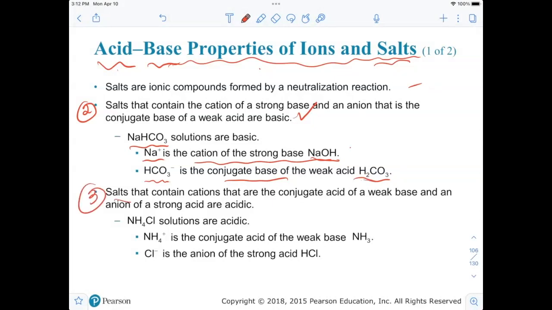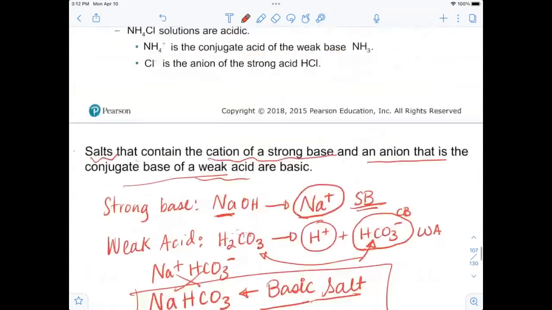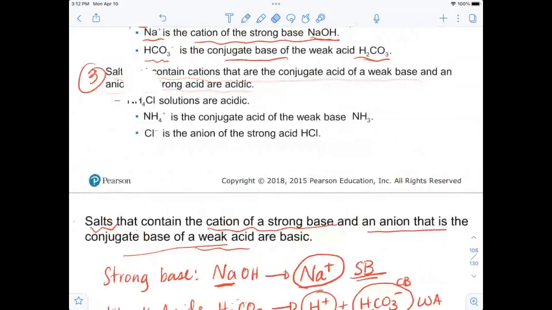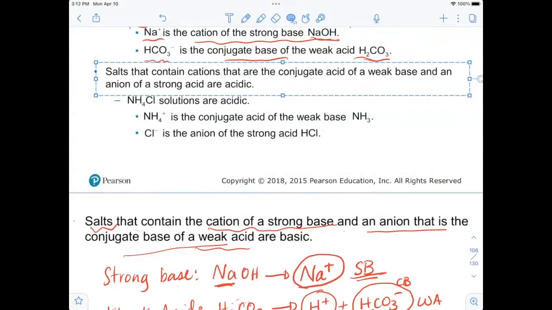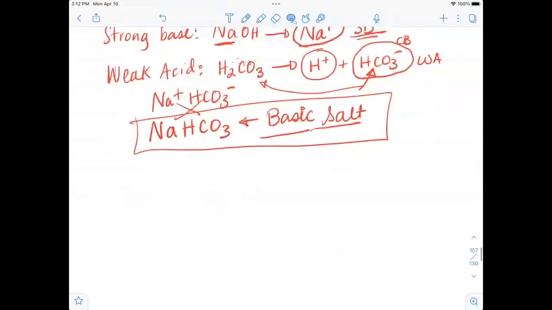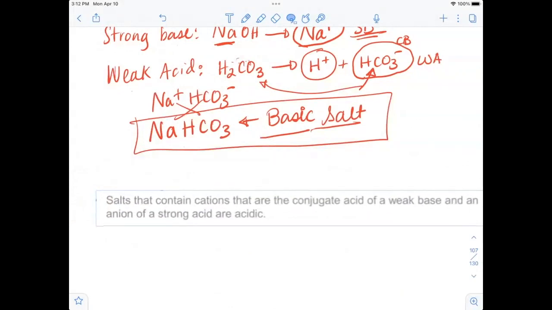Rule number 3, salts that contain cations that are conjugate acids of weak bases and an anion of a strong acid are acidic. So like before, let me take the statement from here. We're going to break it down and figure this out. So I'm going to copy this, paste this image here, zoom in.